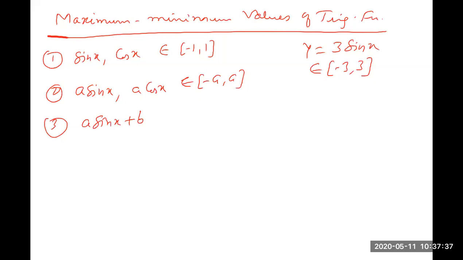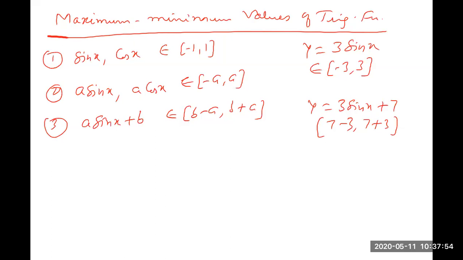So this will belong to b minus a to b plus a. For example, y is equal to 3 sin x plus 7. So 7 minus 3 to 7 plus 3, because 7 is constant, 7 will be added to all values. So if sin x value is -1, then it is 7 minus 3. And sin x maximum value is +1, so it is 7 plus 3. So this range will be 4 to 11.